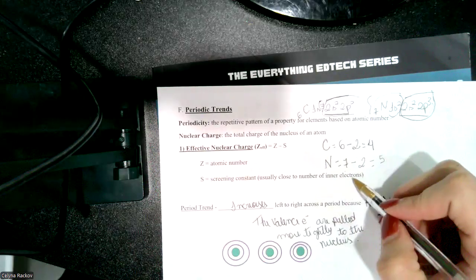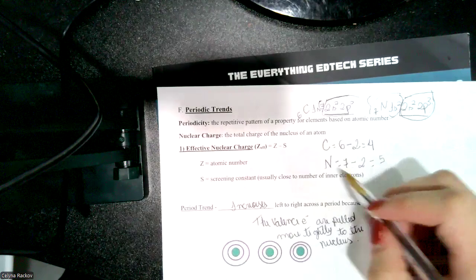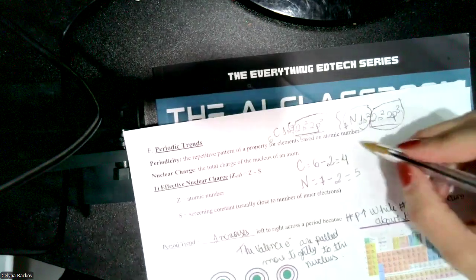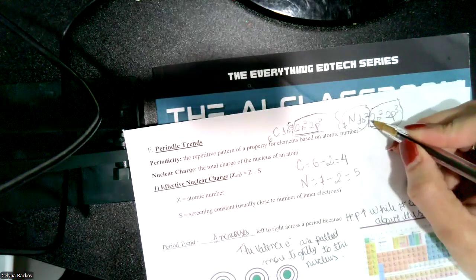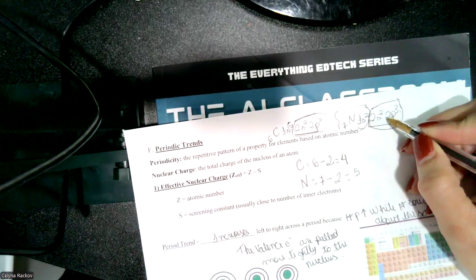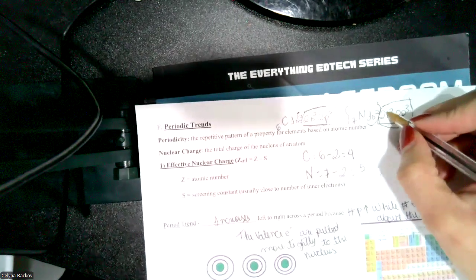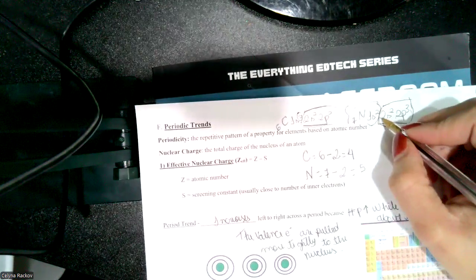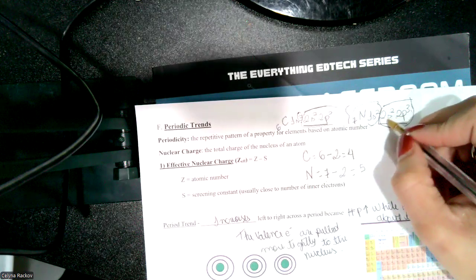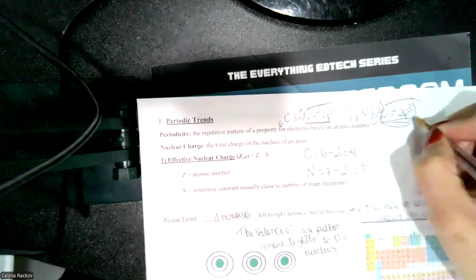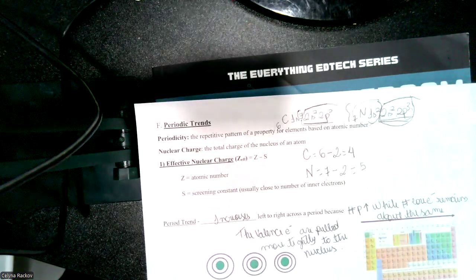And nitrogen has atomic number 7. Let's write the electronic configuration: 1s2, 2s2, 2p3, 7 electrons, right? The highest energy level here is number 2. All the electrons in the highest energy level are the outermost electrons, or valence electrons.